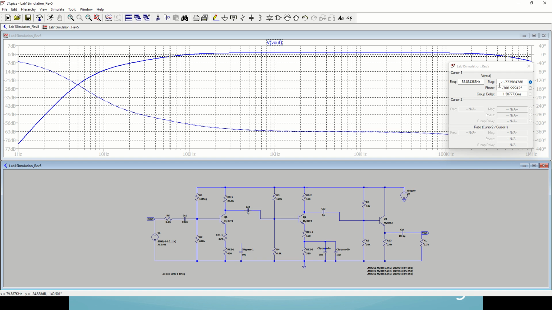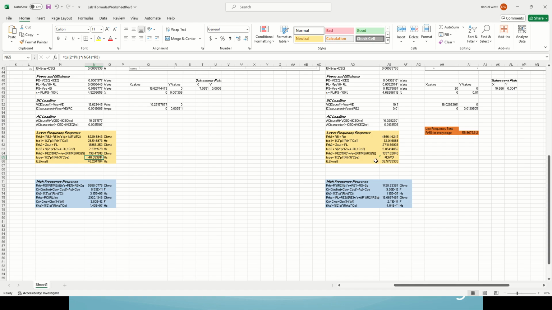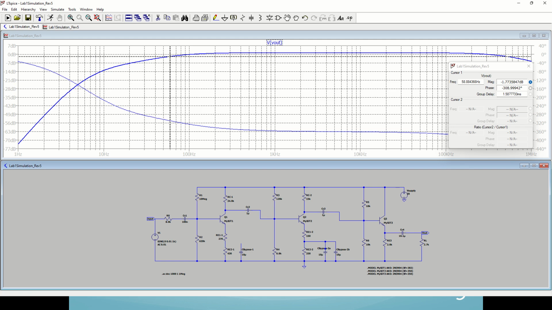We're still at negative 1.77, so it didn't change very much at all. And that's because the output frequency is 5.85 hertz, so it's not dominant at all. The input is 32 hertz, so that's the one that should be dominant.